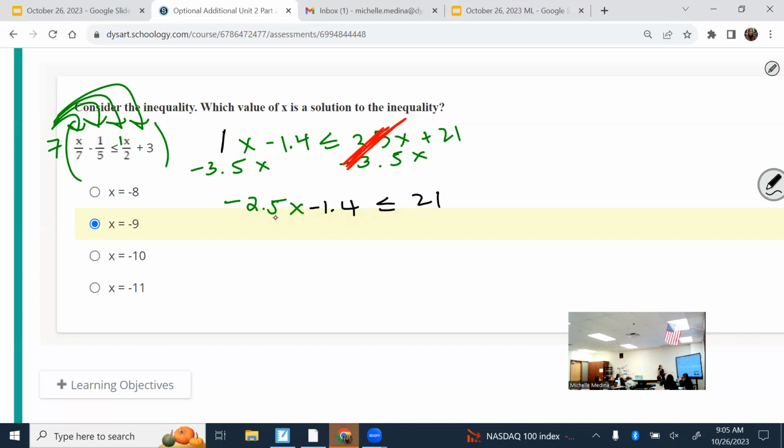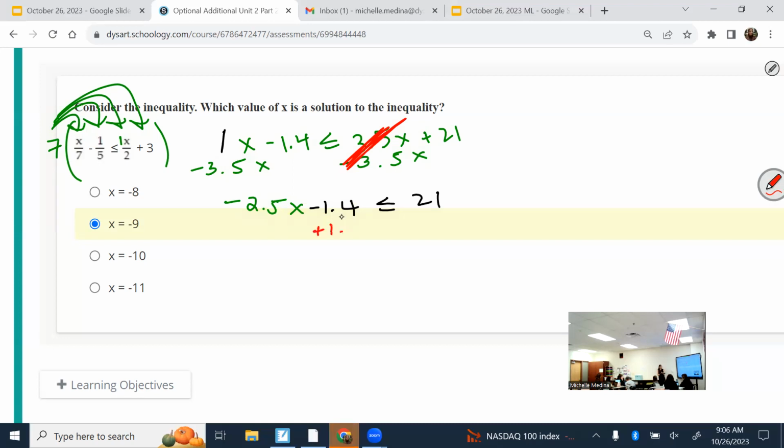Now it's just about isolating the variable. So start with what's farther. Would that be the negative 2.5 or the 1.4? The 1.4 is farther. So the 2.5 is like right up against the x. So this is technically farther because it has that symbol in between. So how do I make a negative 1.4 cancel?